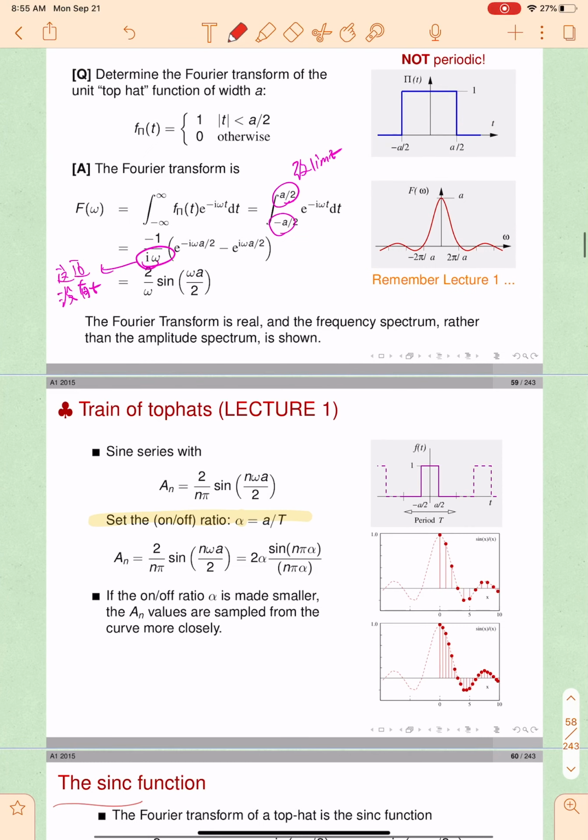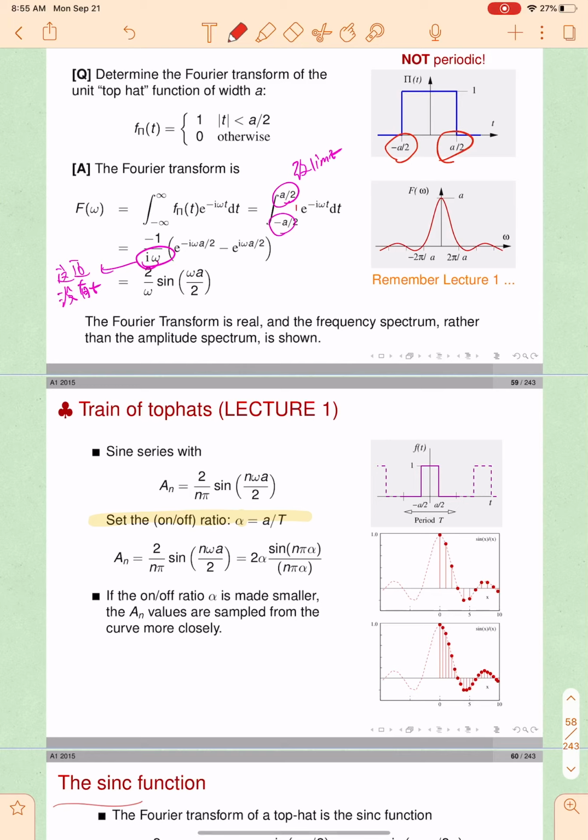Next, determine the Fourier transform of a top hat. So this is just 1 when t is between minus a divided by 2 and a divided by 2. The Fourier transform will be, because it is 1 there, you change the limit to express this is a top hat.